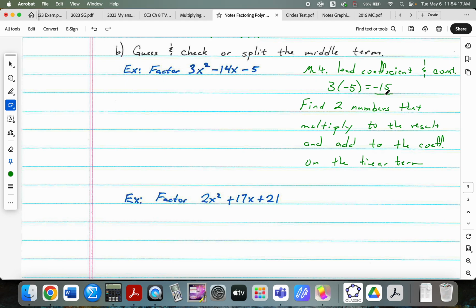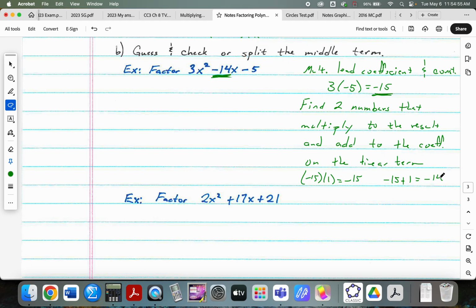We want two things that multiply together to be negative 15 and add together to be negative 14. What would those two numbers be? Yeah. Negative 15 times 1 is equal to negative 15. And negative 15 plus 1 is negative 14.